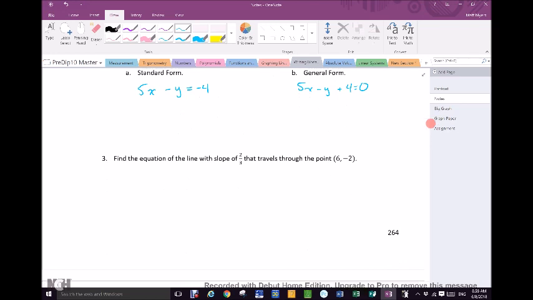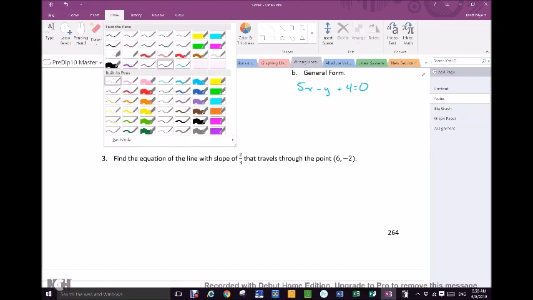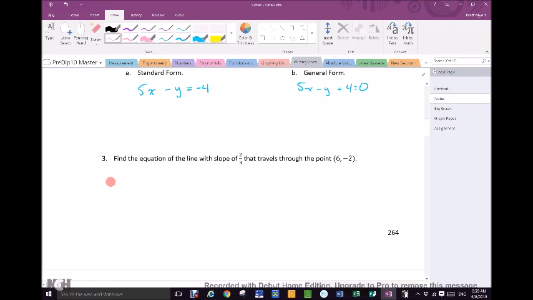All right. Number 3, what do I have? I got a slope of 2/3. And what else? I got a point of 6, -2. So what form should I use?